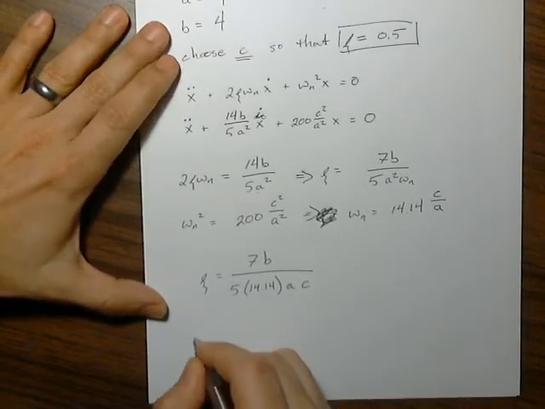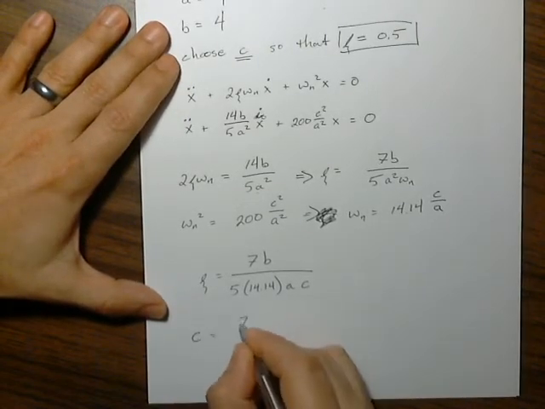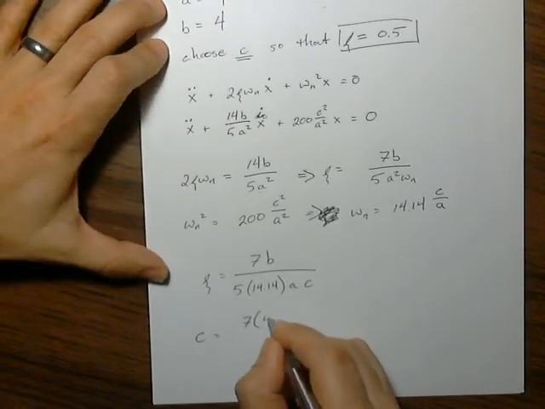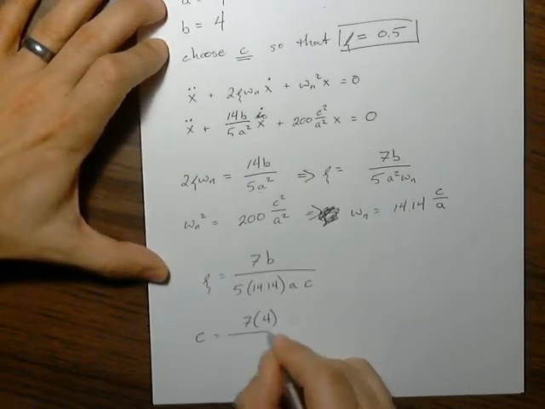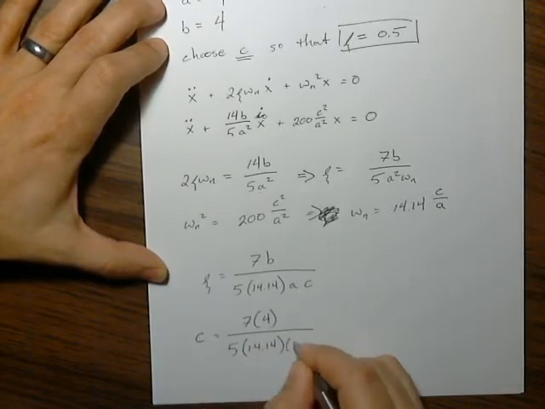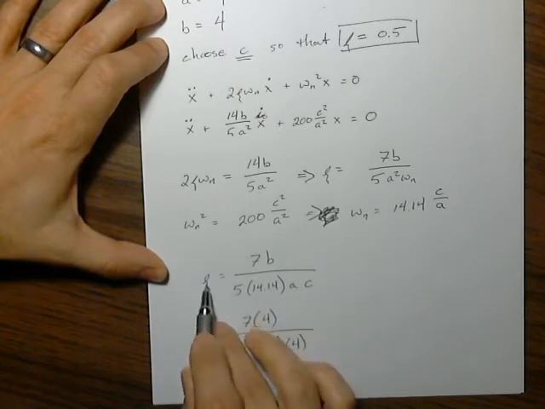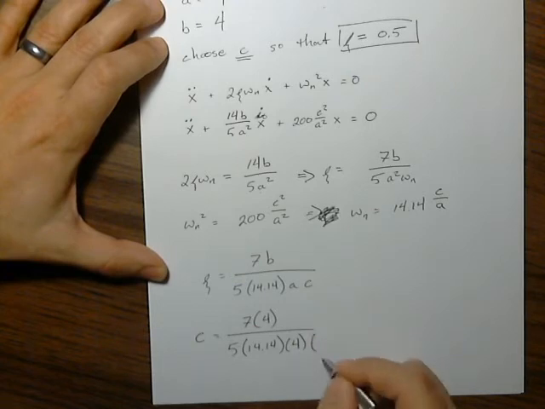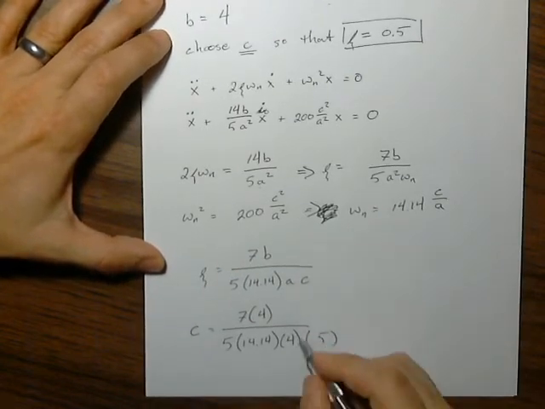Just solve for C. I'm going to plug in my values for A and B, and I'm going to plug in my value for zeta now. My value for zeta was 0.5. There we go. Force cancel.